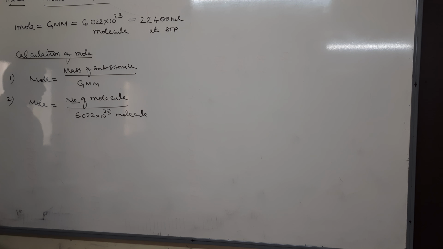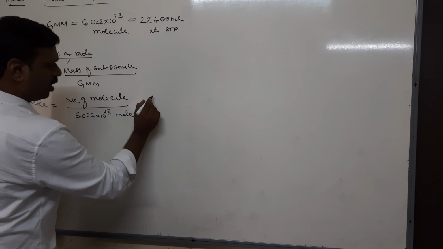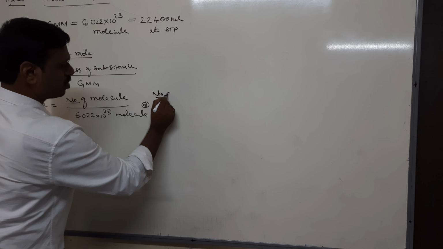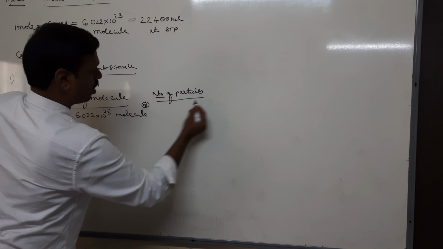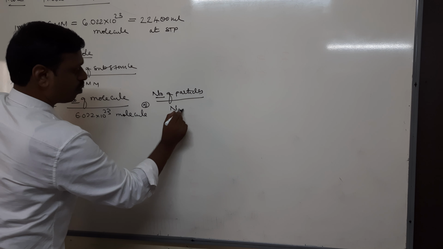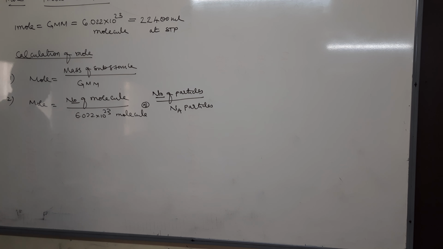If the molecule is given, use this formula: number of molecules divided by Avogadro number. Or else you can write number of particles in place of molecules, divided by Avogadro number of particles, which gives the same meaning. It is in terms of particles.